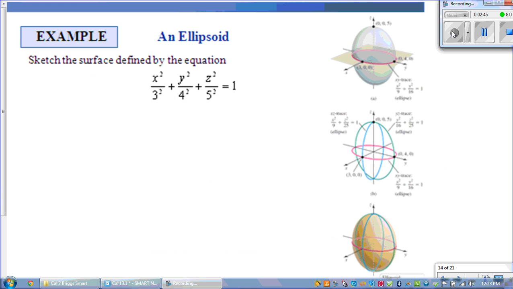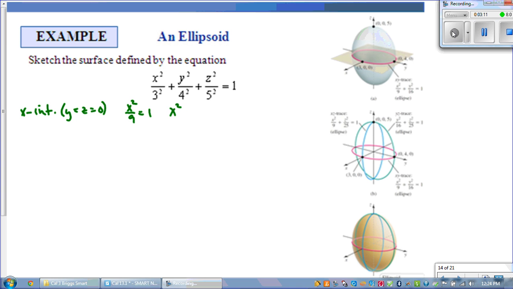So sketch the surface defined by the equation x squared over 3 squared plus y squared over 4 squared plus z squared over 5 squared equal to 1. Let's find the x-intercepts. That's where this surface intersects the x-axis. So we'll let y and z equal 0, and we'll have x squared over 9 equal to 1.